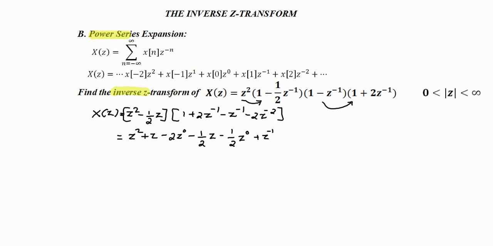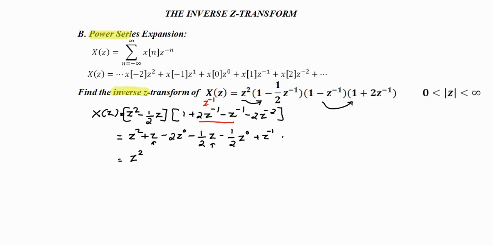Actually, I skipped one portion. I can simplify this also. When you simplify this, it becomes simply z raised to minus 1: 2 z raised to minus 1 minus z raised to minus 1. You can simplify this, and I got this equation. Now again I can simplify this. After simplification, you can write z squared, and there are two z terms, so here one z term and here also one.